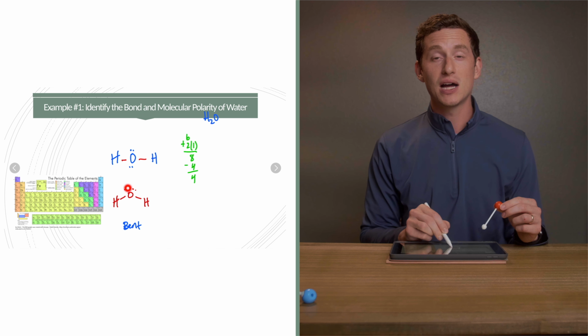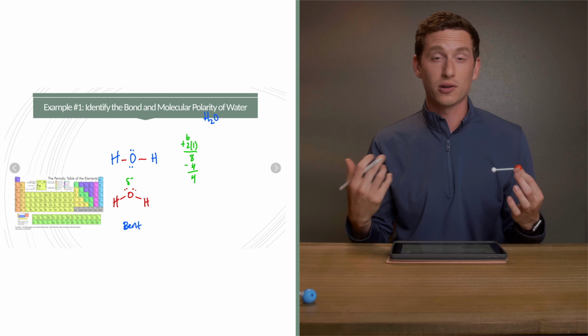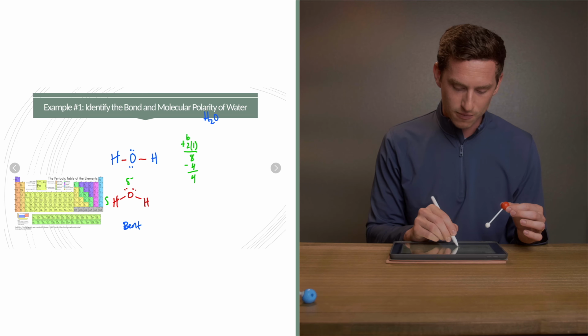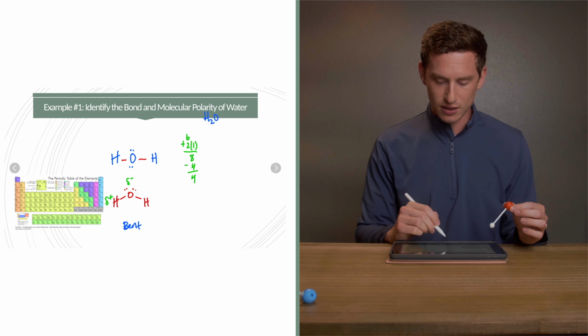So what this means is oxygen would acquire our partial negative charge. It wants to attract more electrons, and if it attracts more electrons, it's attracting more negative particles, so it's becoming partially negative, leaving hydrogen partially positive. From there, we can look at our dipole.